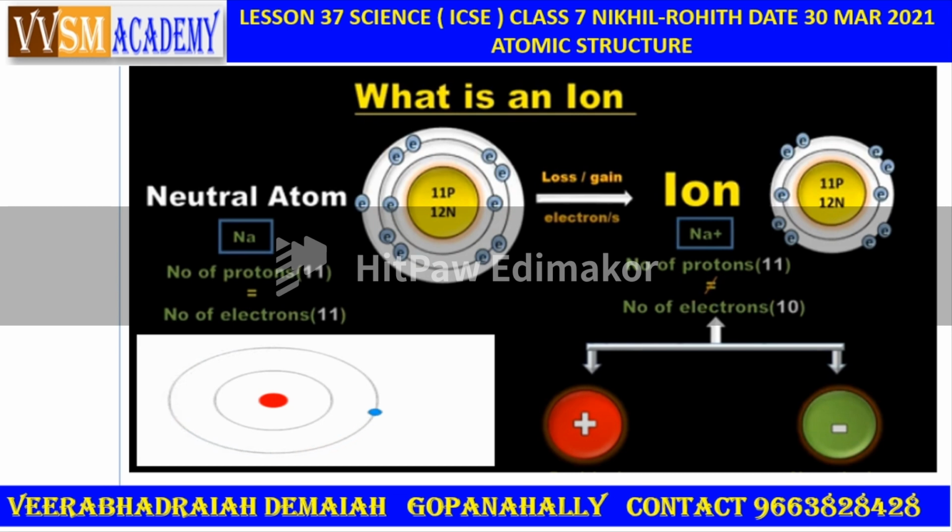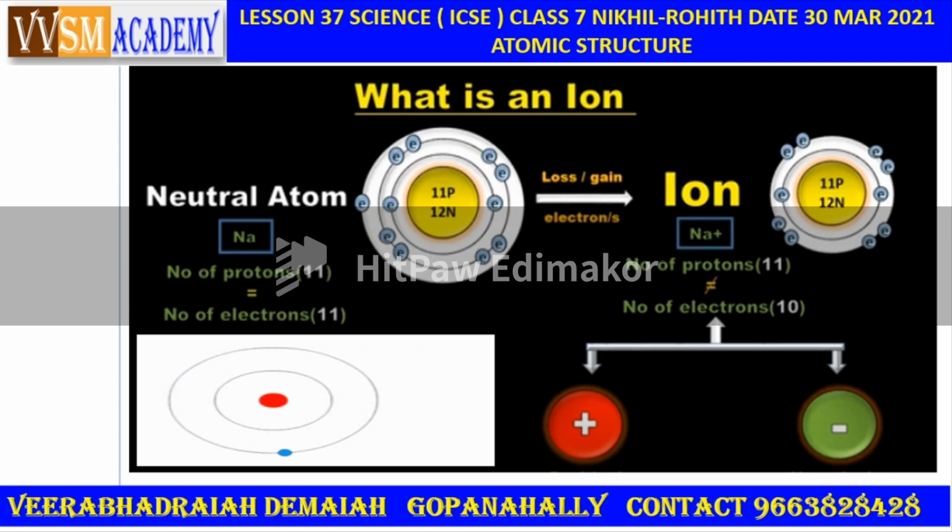Neutral atom, for example, sodium. Sodium has 11 protons, 11 electrons, 12 neutrons. The number of protons 11 is equal to the number of electrons 11. That's why the sodium atom as a whole is neutral. Suppose it loses its outermost orbital electron.